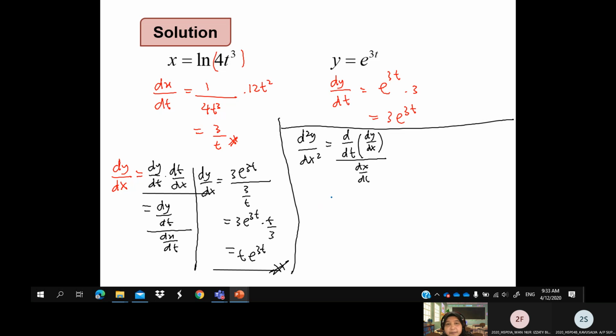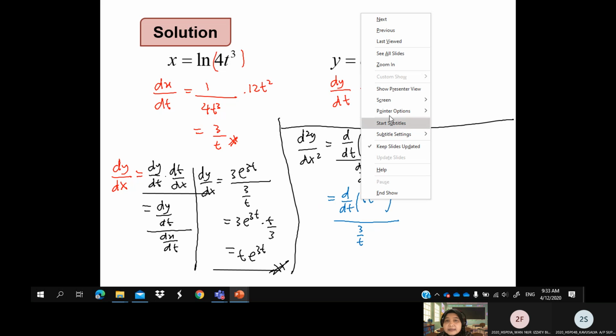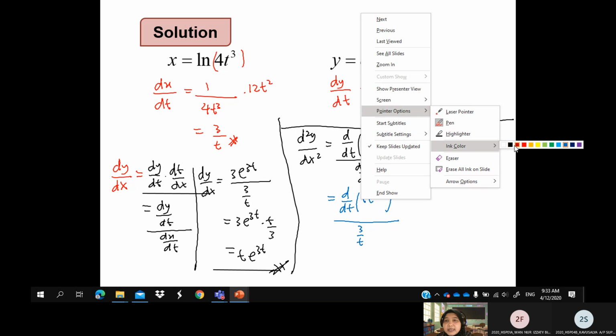Now substitute: d/dt of t e^(3t) means you need to apply the product rule, and dx/dt is 3 over t. This one, just use it as is without differentiating, because everything is done. For the numerator, you can find it separately if you want, that's okay.